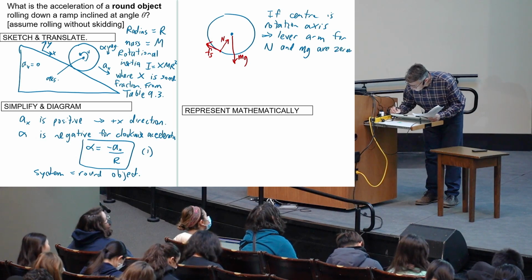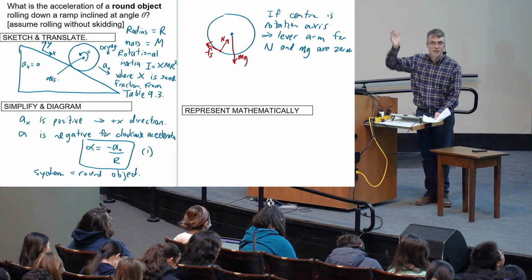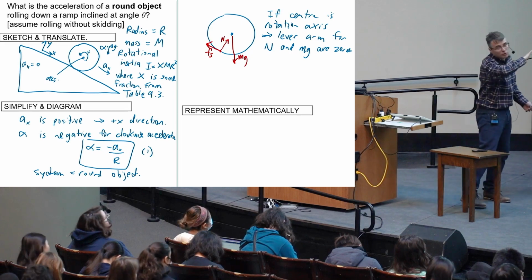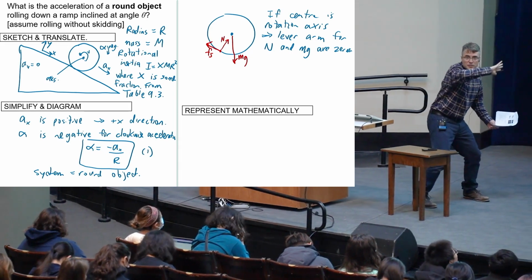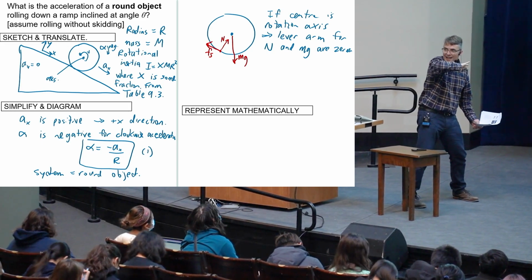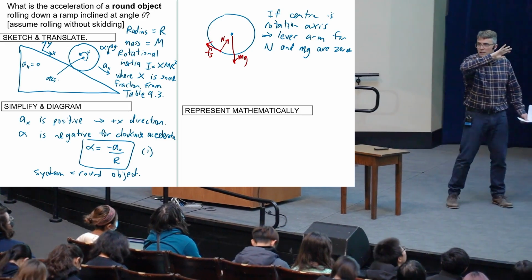The force of gravity acts on the center of mass, which happens to be the rotation axis, so that clearly can't provide any torque. And as it turns out, the normal force, if you look at that force line, because it's perpendicular to the surface and it's a circular object, I think the force line of the normal force is going to pass right through the center.